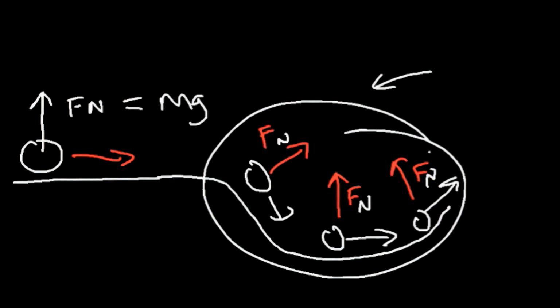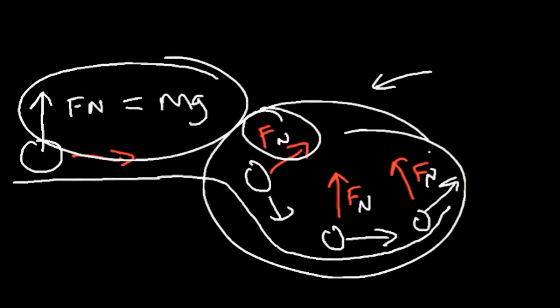Not only does it have to support the weight of the ball, but it must also provide the centripetal force to turn the ball into a circle, or to cause it to change its direction. So just understand that the value of the normal force is greater as the ball changes direction in this region compared to this section over here, where it only has to support the weight of the ball.